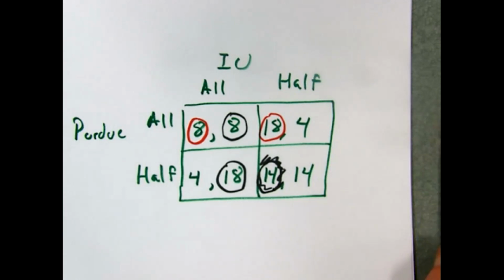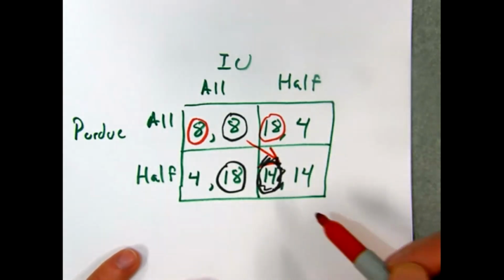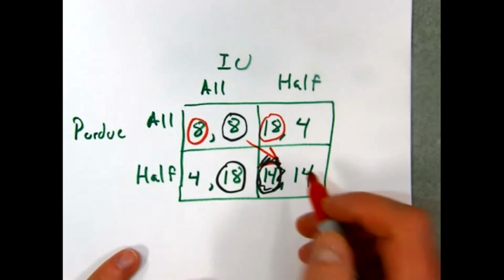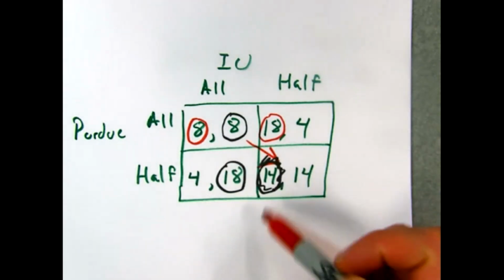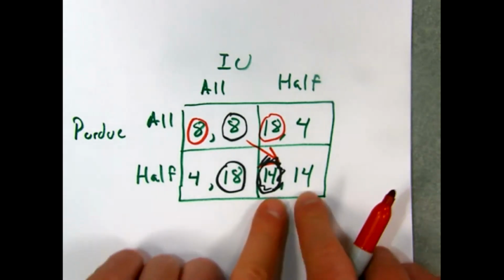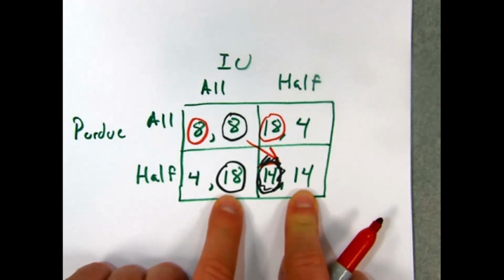Now, what's interesting is that there is a scenario where both of us, if we could coordinate our behavior, could actually increase profits. If somehow both teams could agree to only putting on half their games, they both would see an increase, 8 to 14 million. The problem is, if we are in this scenario, what if IU decides instead to put all their games on? They can earn a little bit higher.